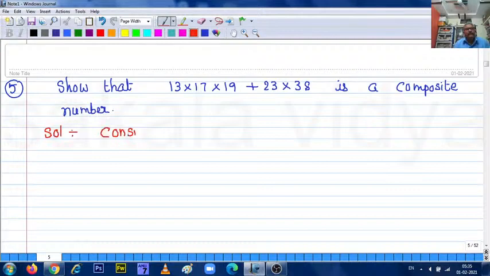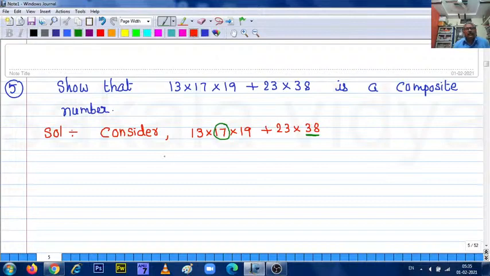Consider 13 into 17 into 19 plus 23 into 38. So now, from 38, take 17, this 17 common, you can take out 17 common.